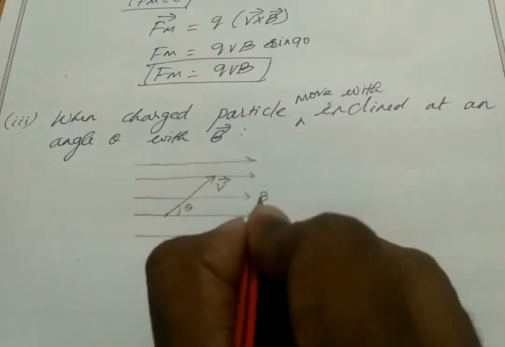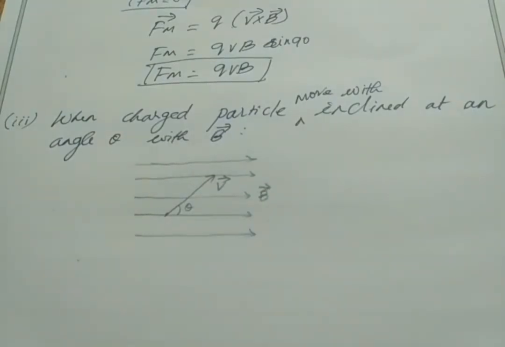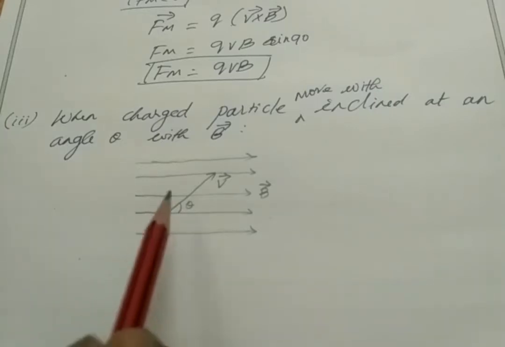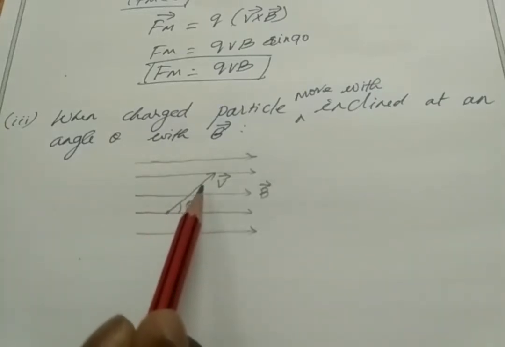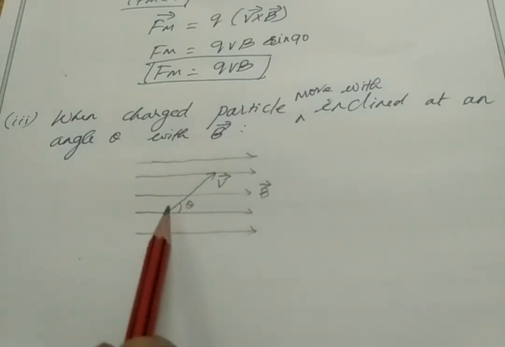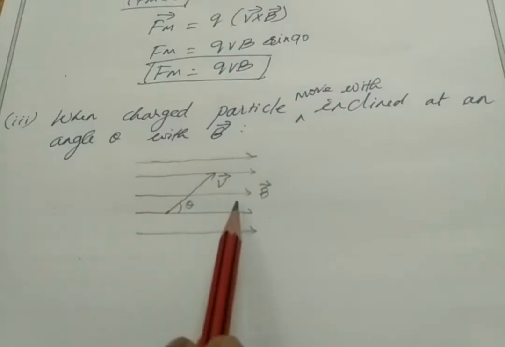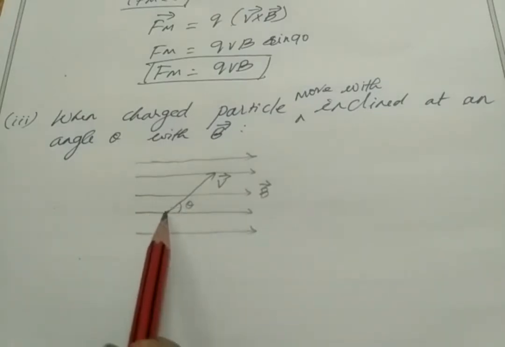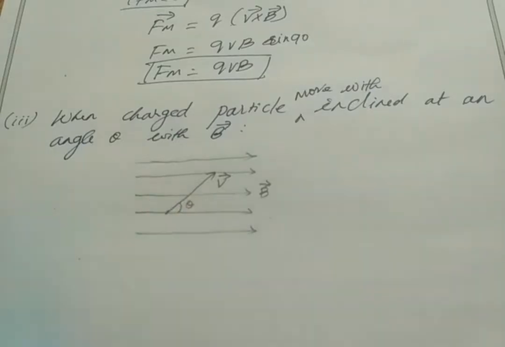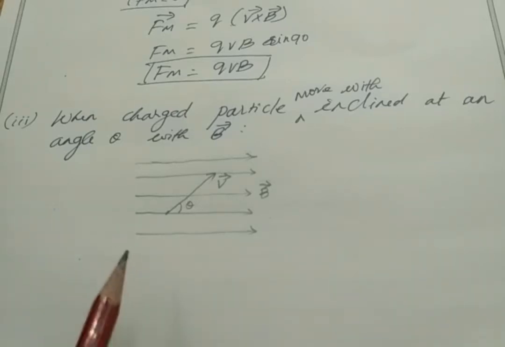Here we have the magnetic field, moving from left to right hand side. So our charged particle enters this region with an angle theta, not a straight line, not perpendicular, not parallel or anti-parallel. In parallel we have angle 0 degree, anti-parallel we have 180 degree, and if it is perpendicular we have 90 degree. So it is neither parallel nor perpendicular, it is inclined with an angle theta, for example 60 degree, 50 degree, 45, whatever it is. Whenever a component creates an angle theta with a horizontal line, then we solve it by resolving components.